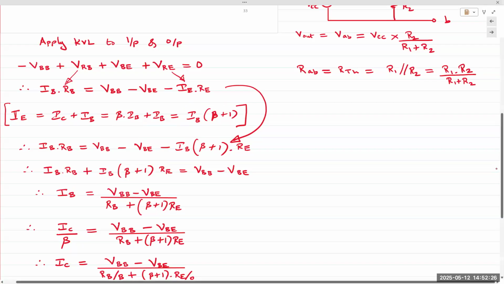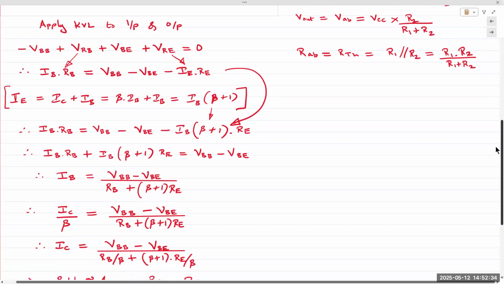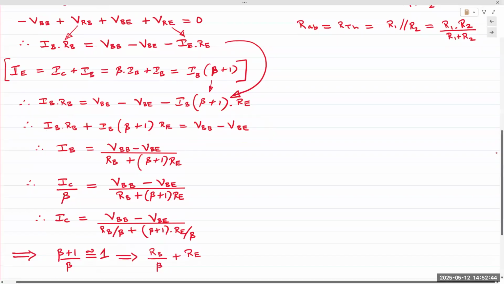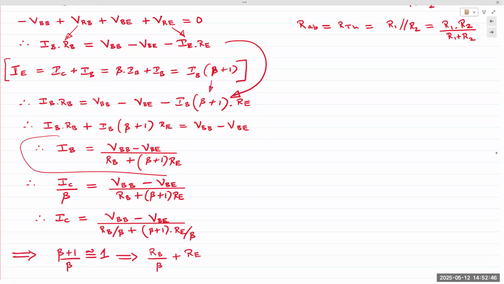Okay. So we plug that into here and rearrange the terms so that we have IB on one side of the equation and the rest on the other side. Once we have that, rearrange the terms again to obtain an expression for IB.